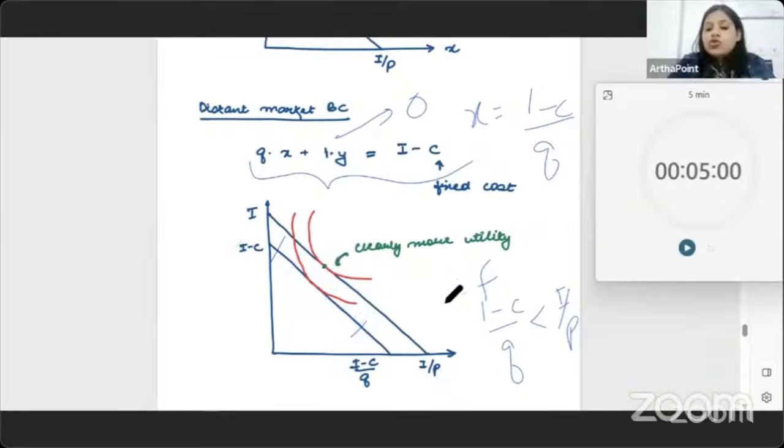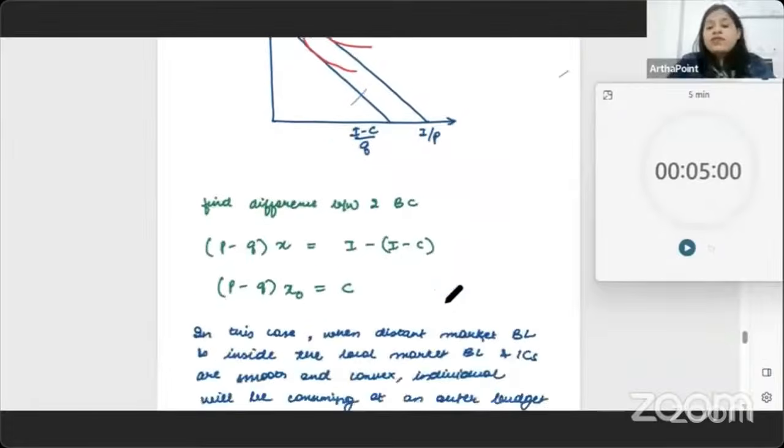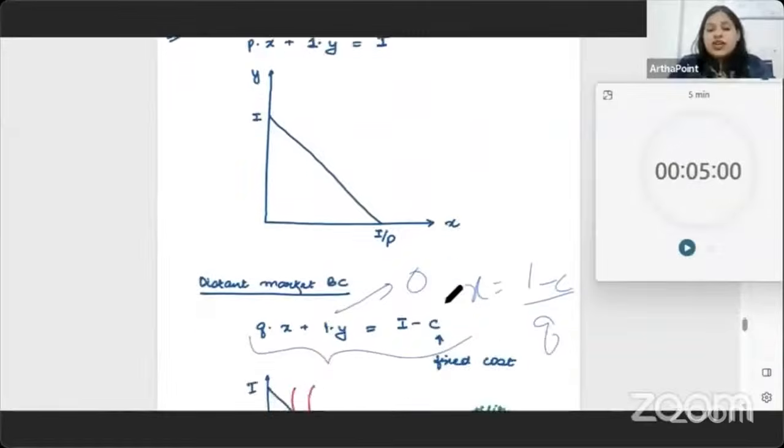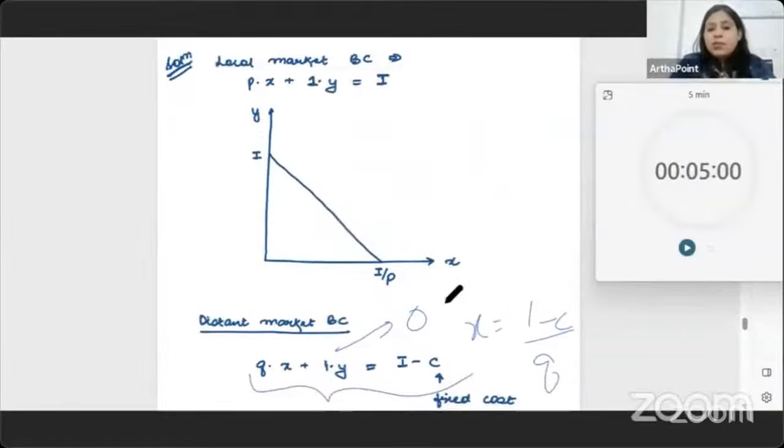Now what most of you would have done, and I will highlight that point, is that most of you would have found the difference between the two budget lines. Take this as budget line 1, px plus y is equal to I. Take this as budget line 2, qx plus y is equal to I minus c.